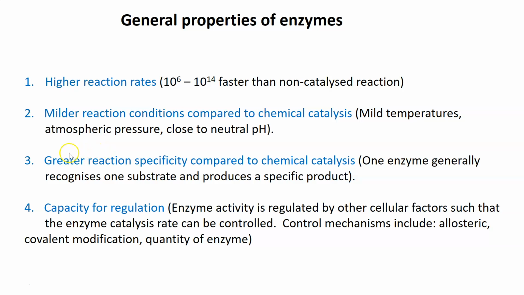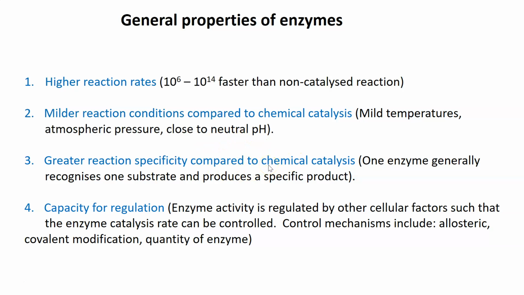Another feature about enzymes is that they have reaction specificity, compared to chemical catalysis. Before, we talked about some of the industrial catalysts. Now, if you introduced a contaminant in the mix, you would not just produce the product that you want, but you would also produce contaminating products as well, because the reaction isn't specific.